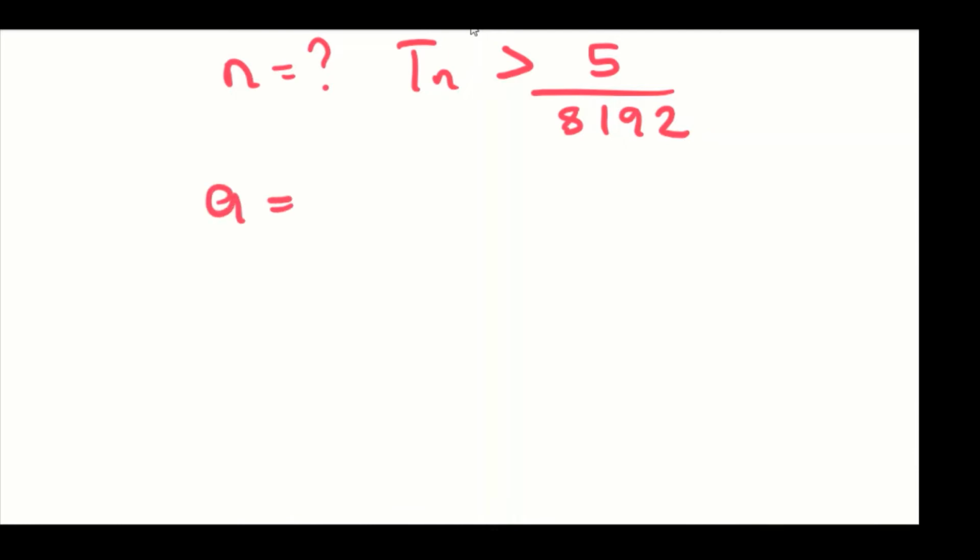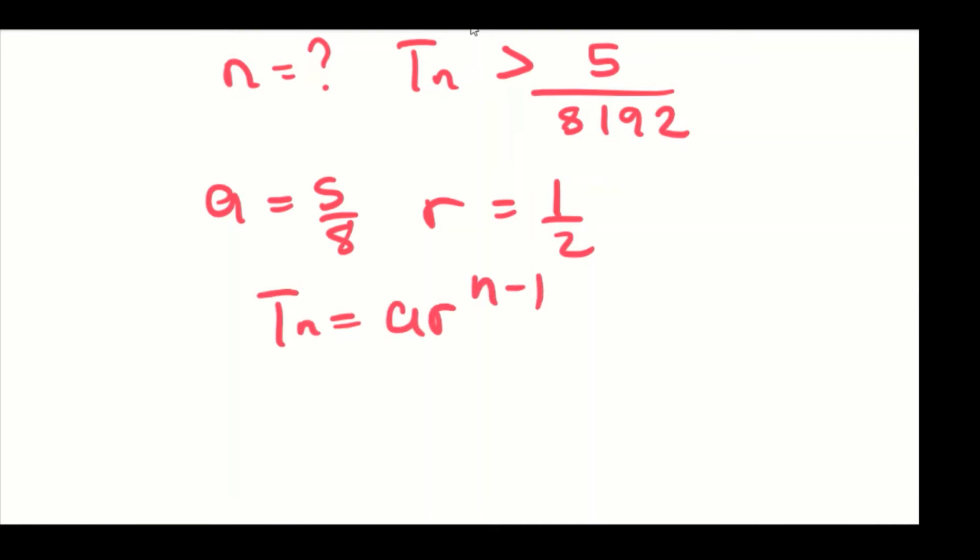We want to identify the largest value of n when Tn is greater than 5 over 8192. We're still going to use the geometric series, with our a value being 5 over 8 and our r value being 1 over 2. Tn of a geometric series is Tn equals a r to the power n minus 1.